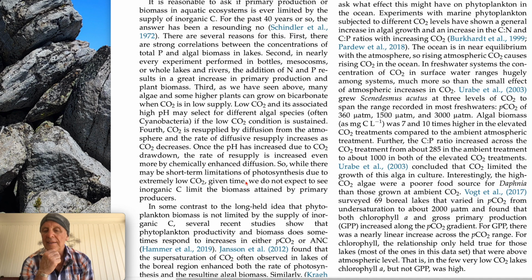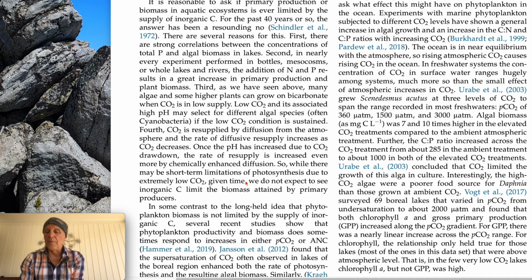Urabe et al. grew Scenedesmus acutus at 3 levels of CO2 to span the range recorded in most abundant freshwaters: partial pressure of CO2 of 360 microatmospheres, 1500 microatmospheres, and 3000 microatmospheres. Algal biomass was 7, 8, and 10 times higher in the elevated CO2 treatments compared to the ambient atmospheric treatment.